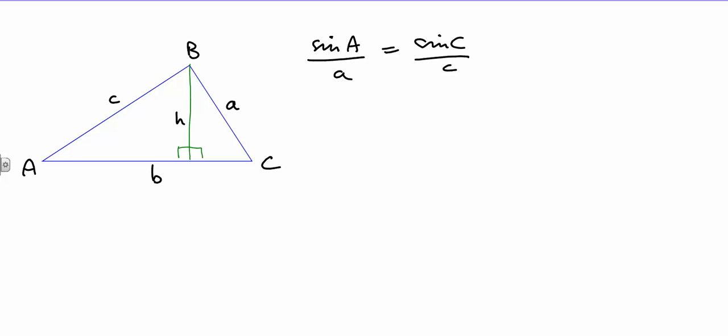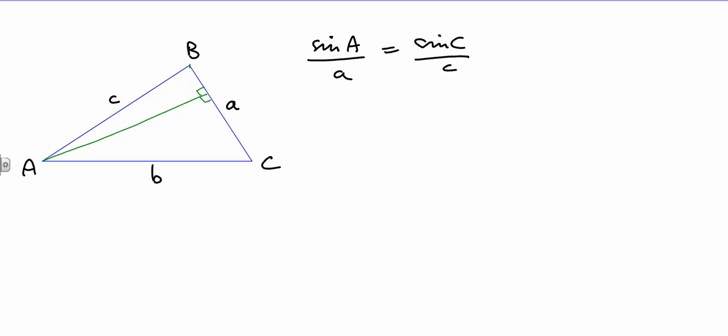Now, there was nothing special about drawing the vertical line from B perpendicular to AC. Instead, we could draw one from A to BC, like that.